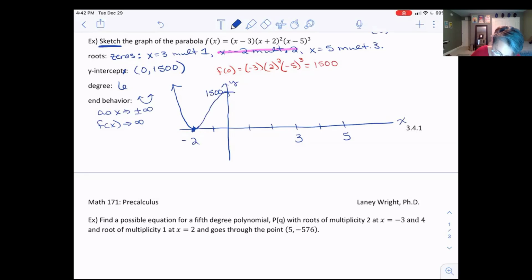We know it crosses the y-axis at 1,500. We know the multiplicity of 3 is 1, so it's going to cross 3, but not really flat. And then 5 has a multiplicity of 3, so it might be a little bit flatter there at 5.